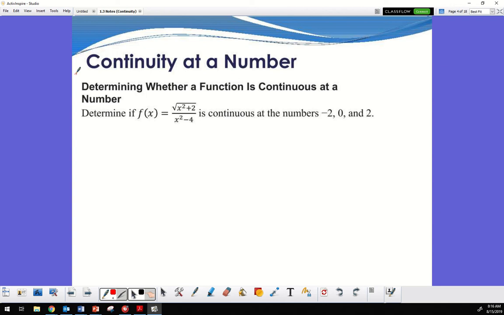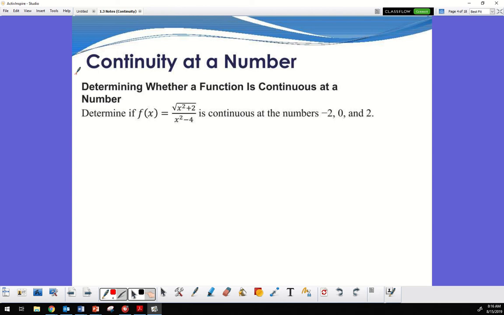But we're only going to be pointing to certain spots now. So now determine if this function is continuous at the numbers -2, 0, and 2. So first, we need to talk about domain restrictions.